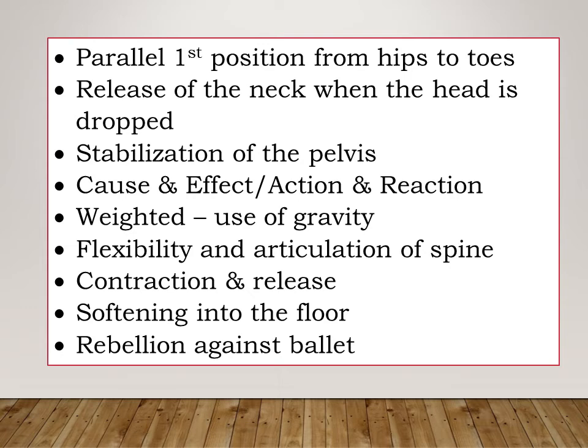It is parallel first position from hips to toes, release of the neck when the head is dropped, stabilization of the pelvis, and cause and effect, action and reaction. It also has weighted use of gravity, flexibility and articulation of the spine, contraction and release, softening into the floor, and rebellion against ballet. So those are the characteristics of modern dance.